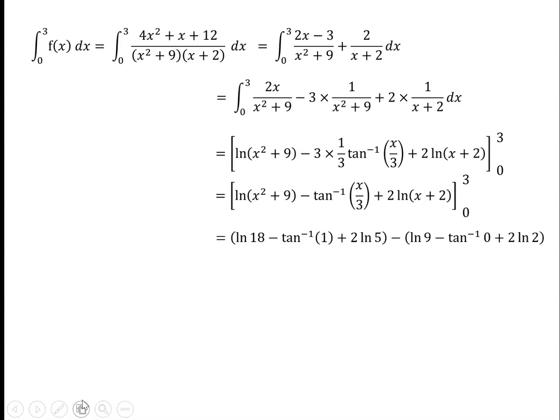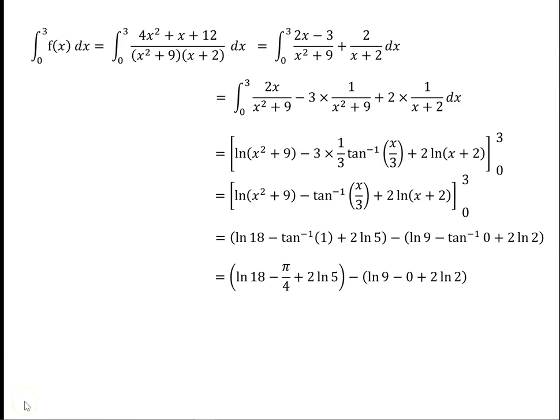Then I've got to take away the logarithm of 9 minus tan to the minus 1 of 0 plus 2 log 2. The first bracket simplifies to the logarithm of 18 minus pi by 4 plus 2 log 5, whilst the second bracket simplifies to the logarithm of 9, take away 0 plus 2 ln 2.